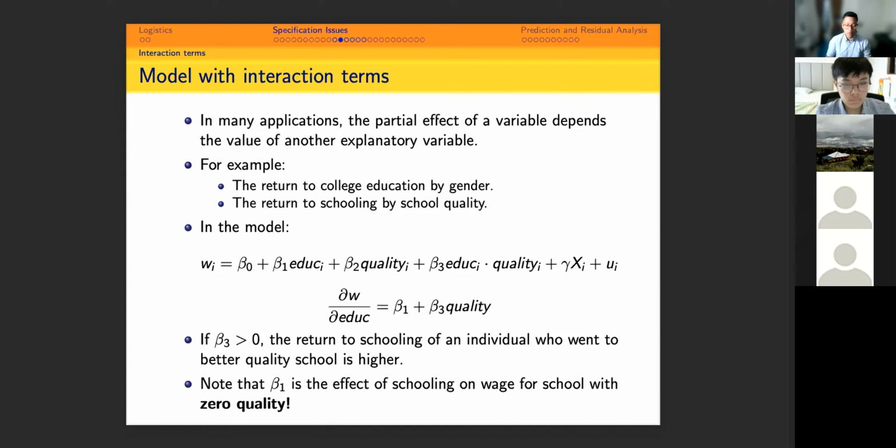You're more productive, and you're able to signal to the employer that you're a higher ability or high productivity worker, and so you may obtain a higher wage.